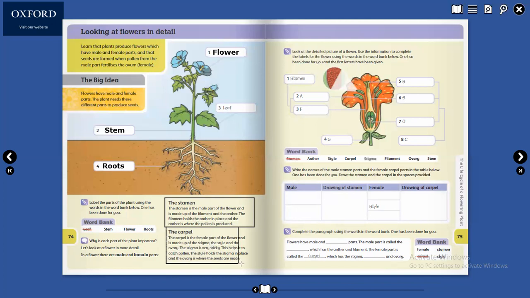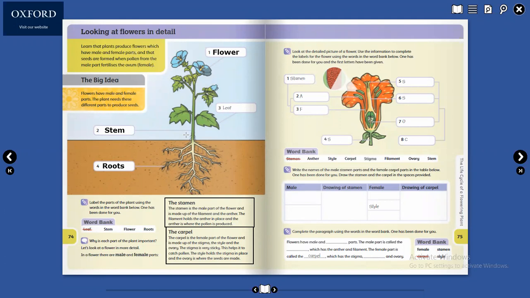Khalid, read this one. The carpel. The carpel is the female part of the flower and is made of the stigma, the style, and the ovary. The stigma is very sticky.